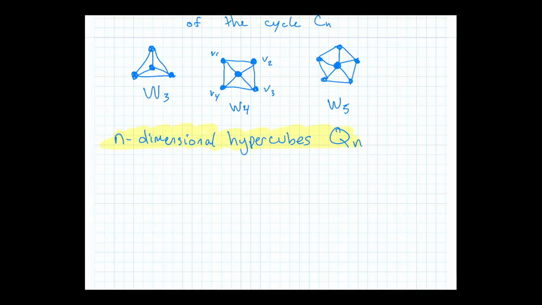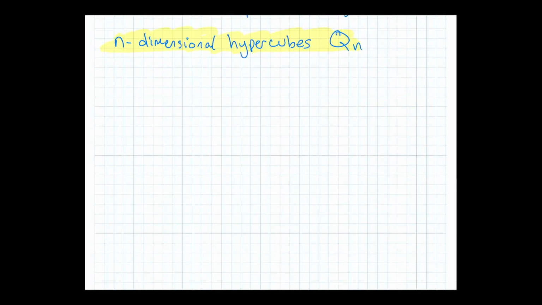This is going to be a little bit confusing, but the idea is the number of vertices is going to be 2 to the n, I think. Yeah. So Qn has 2 to the n vertices.